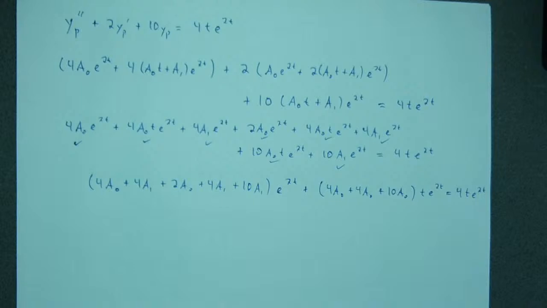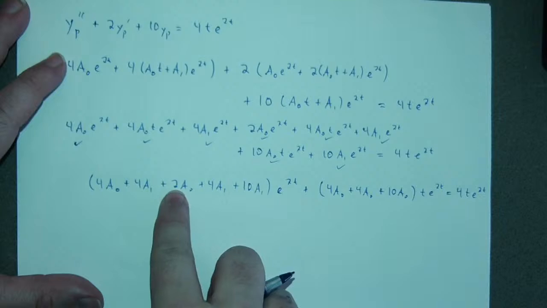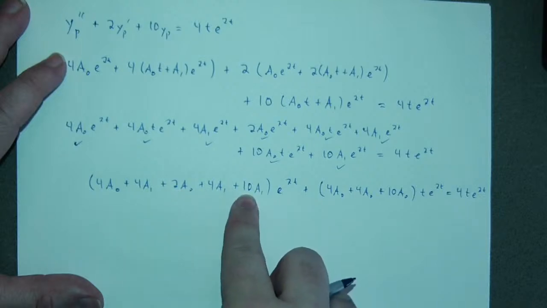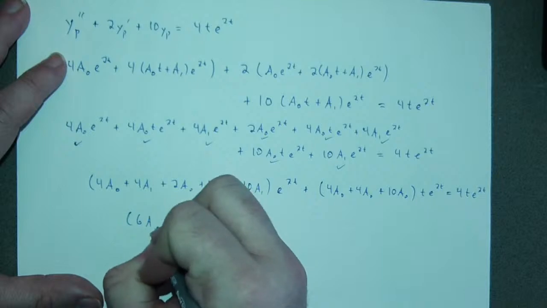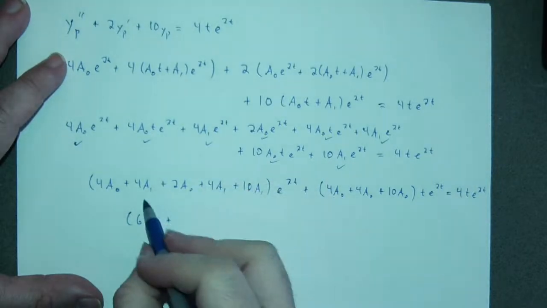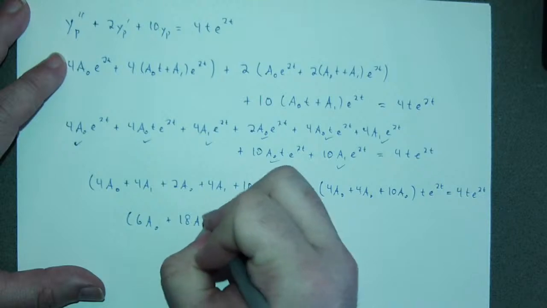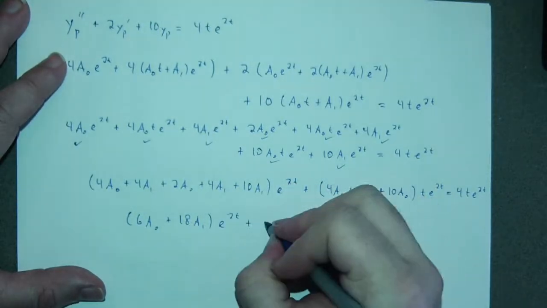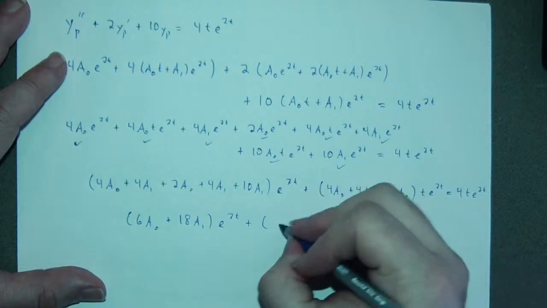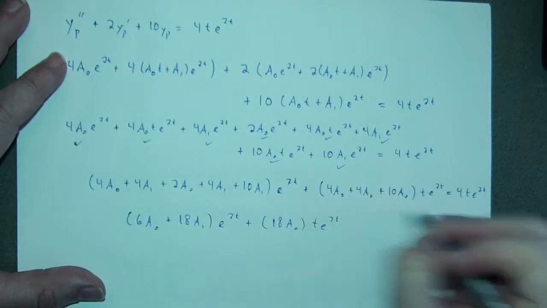Well, once I simplify these slightly, so let's go ahead and do that. 4a0 plus 2a0 plus 10. Oh, there's no other a0 here. So this is 6a0 plus 4a1 plus 4a1 plus 10a1 is 18a1 times e to the 2t. Plus this is 18a0 t e to the 2t.